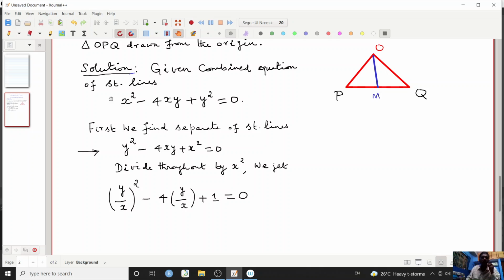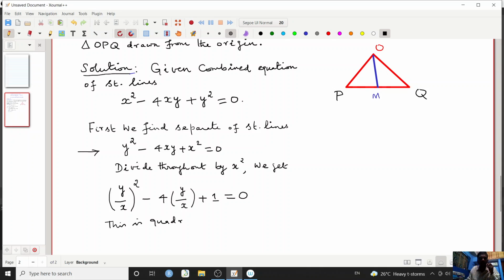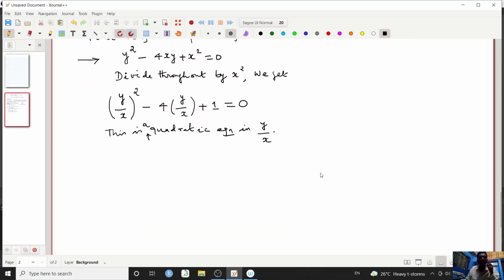If you look at this equation, this is quadratic in y by x. You can treat this as a quadratic equation in y by x. So what you can do is solve this equation.